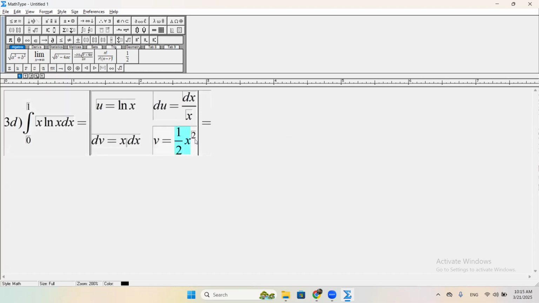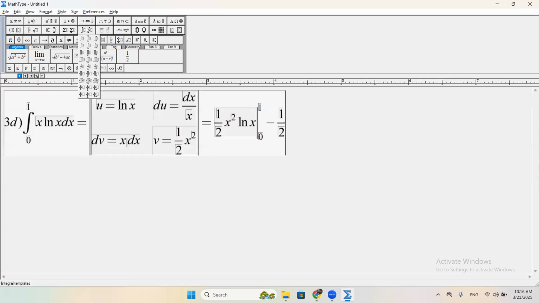So now integrating. So this with the following substitutions and minus 1 over 2 integral from 0 to 1 of x dx. And what do we have here?